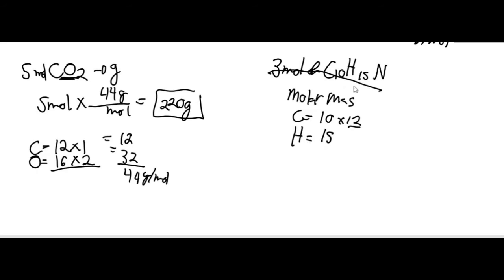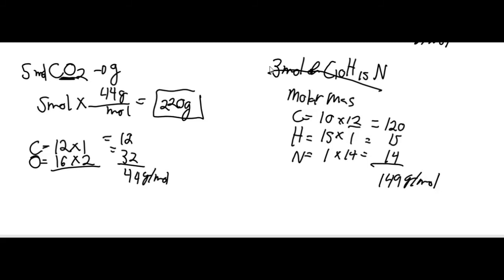We have 15 hydrogens, and the atomic mass is 1. And then nitrogen, we only have 1 nitrogen, so 14. So let's add all of them: 120 plus 15 plus 14, so 149 grams per mole.